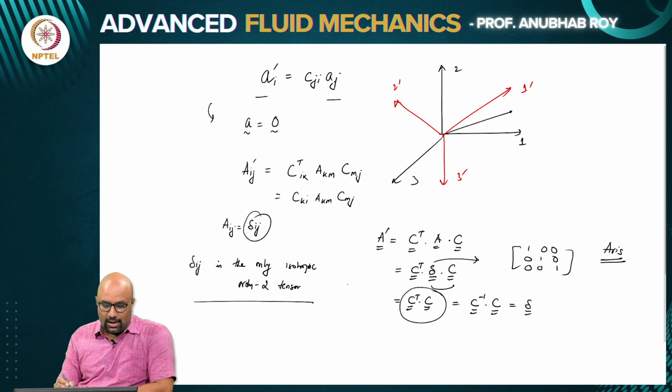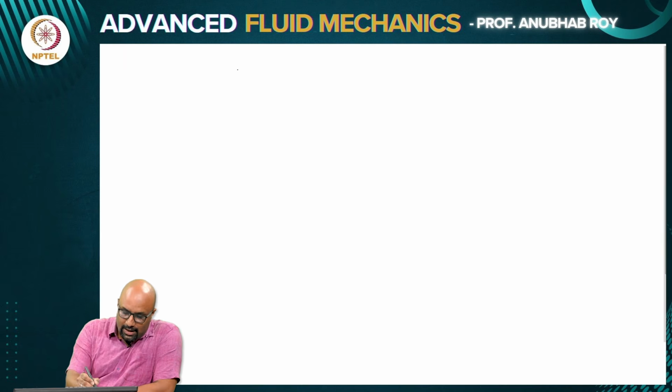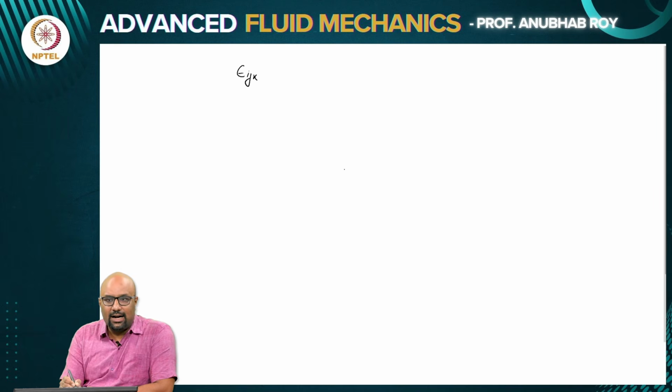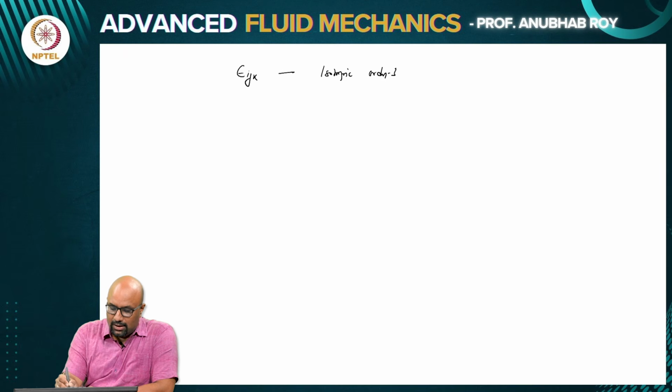Now, what about the order 3? Again, this is going to be without a formal proof. Epsilon ijk, and you can again write down the transformation rule for a third order tensor, and epsilon ijk is the order 3 isotropic tensor.